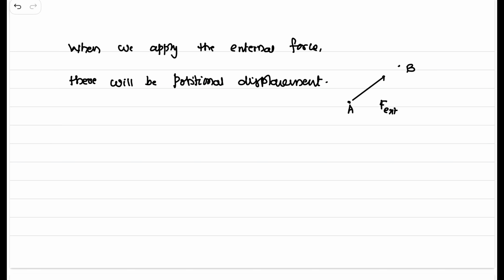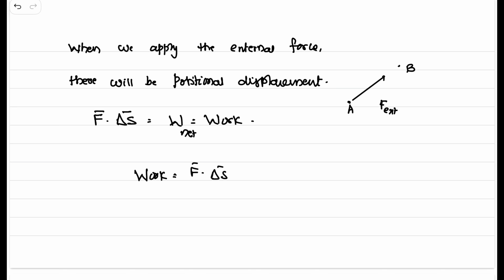Then for the relation between force and displacement, another quantity is defined in physics. The product of force into displacement is called W, that is equal to work. Work is equal to force into displacement.